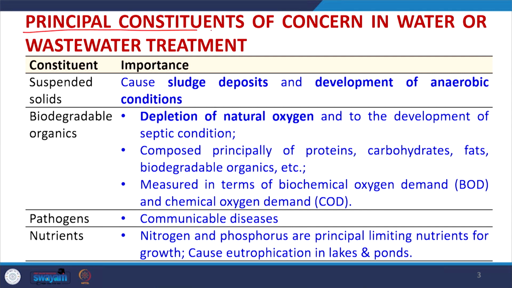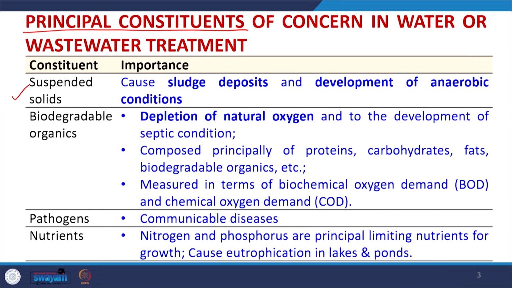Now, what are the various principal constituents which may be present in the water or wastewater, and which may be important for us? For all those persons involved in treatment of water, these constituents we must always look for. First and foremost, suspended solids.